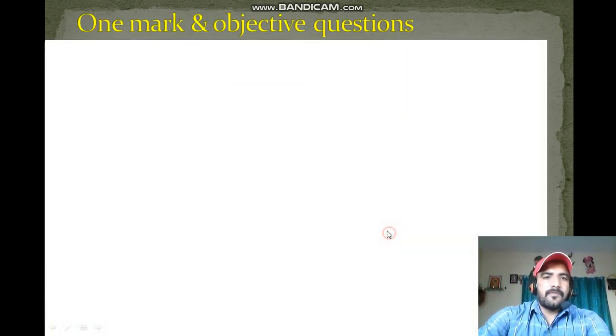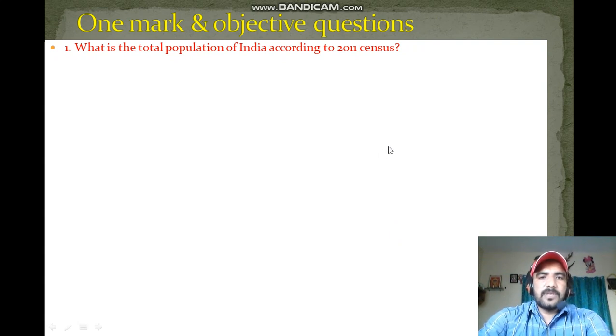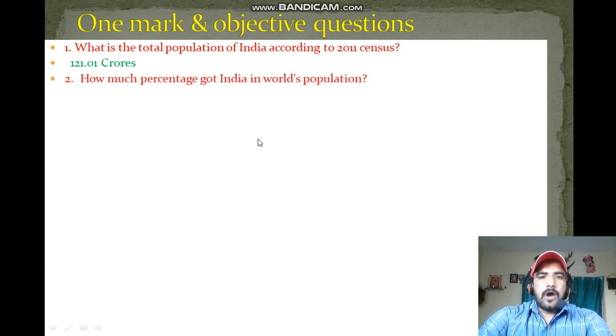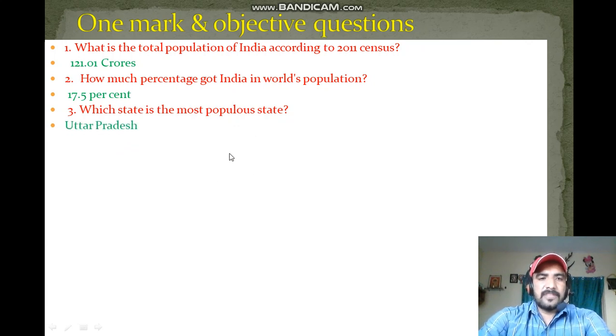So next, what is the total population of India according to the 2011 census? That is 121.1 crore. And what percentage does India hold in the world population? You know that is 17.5%. And which state is the most populous state? That is Uttar Pradesh.